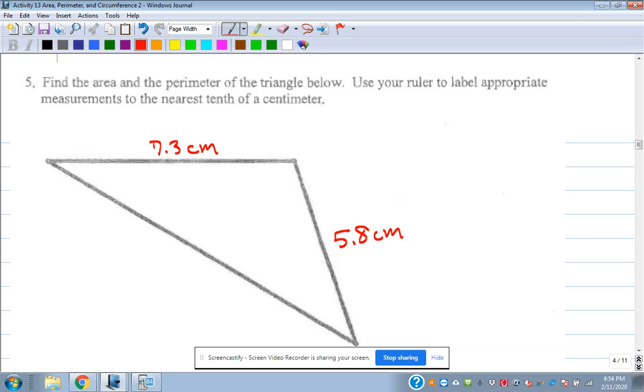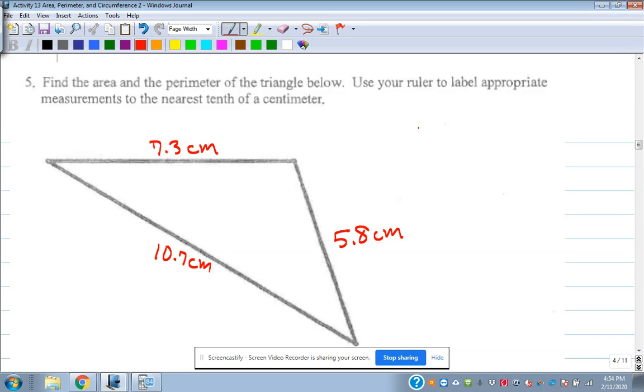Because you want to be picky, because your students will be less picky than you are. So the more picky you are, the better answers you're going to get. And then for the really long side, y'all getting 10.7 is what I was getting, 10.7.